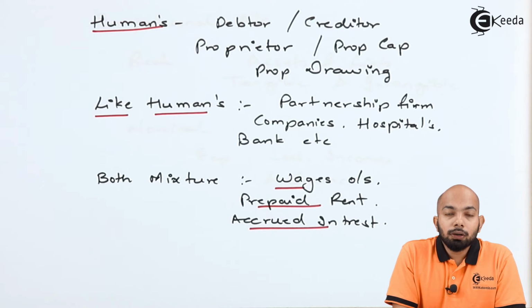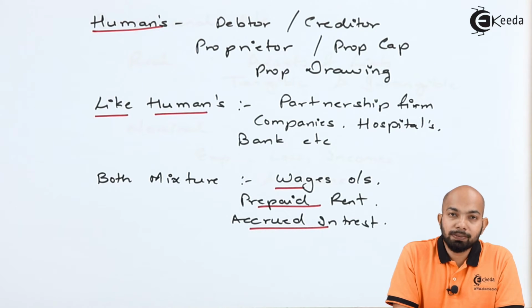So when we talk about personal accounts, we'll have three classifications here. First, the human account, that means the natural account, which belongs exactly to that specific person. Next will be the artificial account, which will act like humans, that means partnership firms, proprietor firms, Hindu undivided family, etc. Third will be the representative account, which is again a part of personal account, but it is a mixture of both humans and artificial accounts.